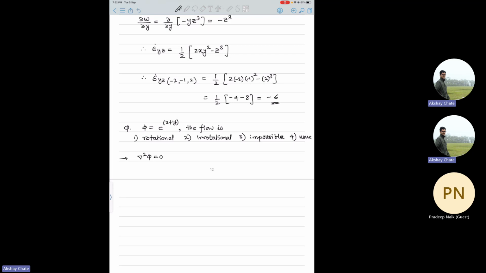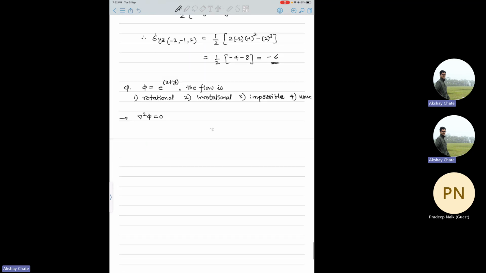So here Laplace of phi, if you calculate, is del square phi by del x square plus del square phi by del y square. So this is a necessary condition for a valid phi.